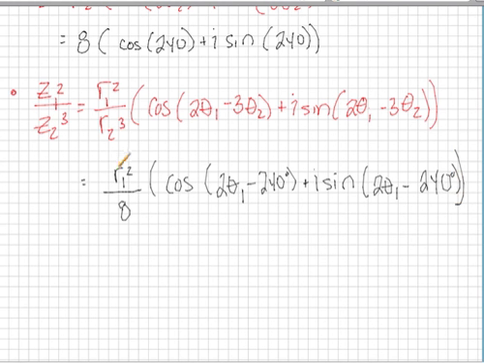So let's figure out what r1 squared and 2 times theta 1 are.